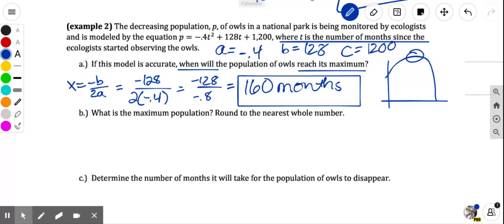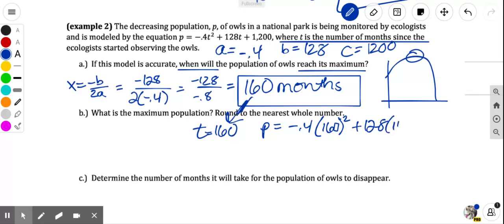What is the maximum population? So what is this population of owls after 160 months? So we're going to take t equals 160, and we're going to plug it in. So population equals negative 0.4 times 160 squared, plus 128 times 160 plus 1200.